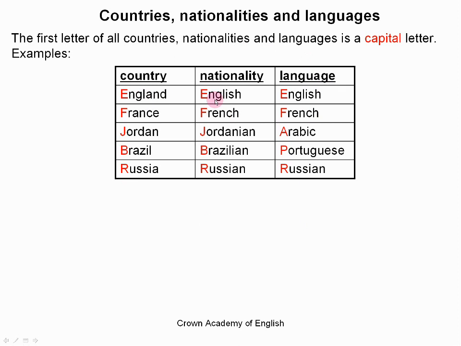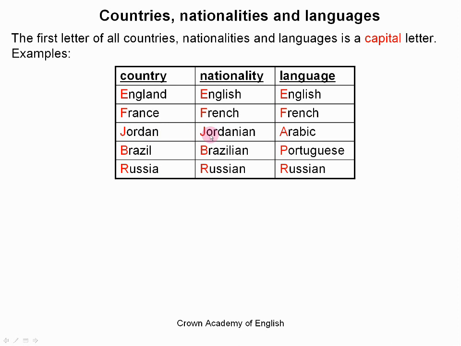So England, the nationality is English. So for example, I am English and I speak English. And we have some other examples here. The country of Jordan.